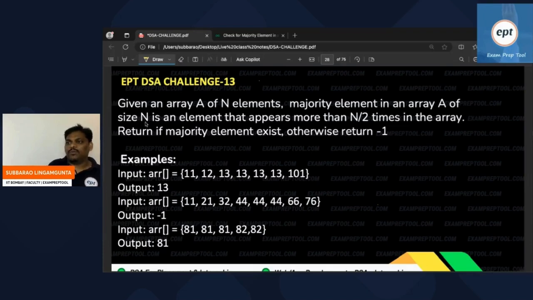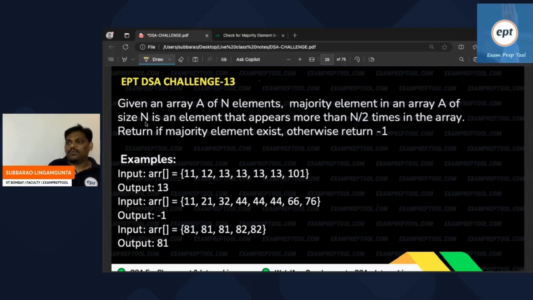Very simple. So let us assume I started this process. Let us assume that the first person is the majority element. Careful, everyone. Majority element index is equal to 0.